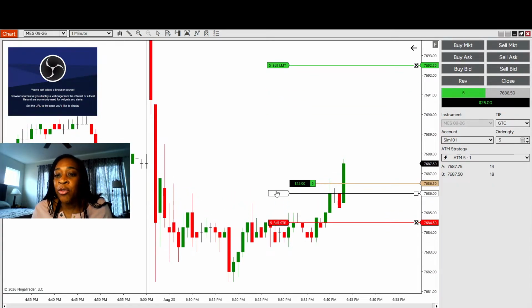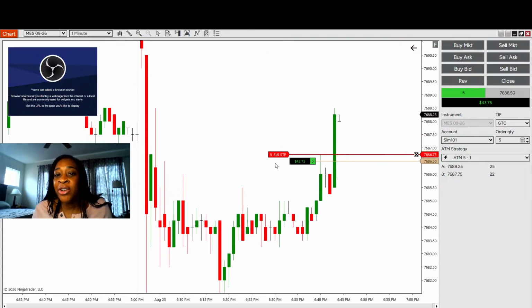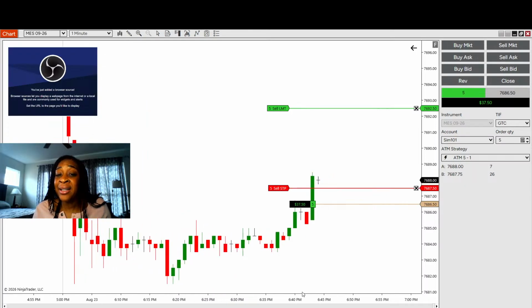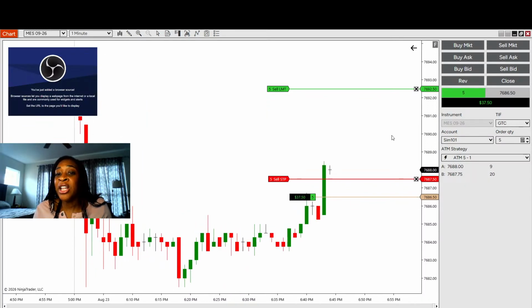I can move my stop loss up and lock in a certain amount of money. So no matter what in this trade, I can lock in. Let's say it starts to come down and it doesn't reach my target. I've locked in whatever that tick difference is between my break even and that target I'm at right now. So you can lock in certain amounts of profit along the way.